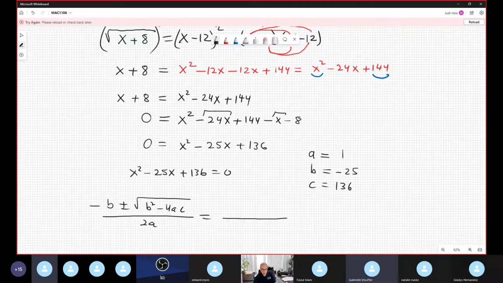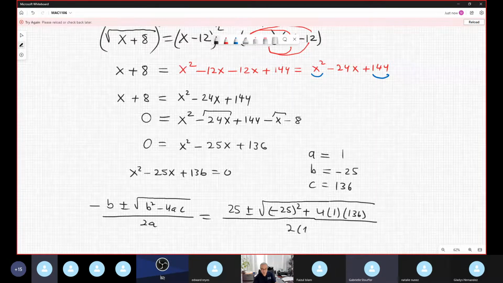Substitution. Who is b? Negative 25, so the double negative becomes positive. Square root of negative 25 squared plus 4 times a, which is 1, and c, which is 136, divided by 2 times 1.